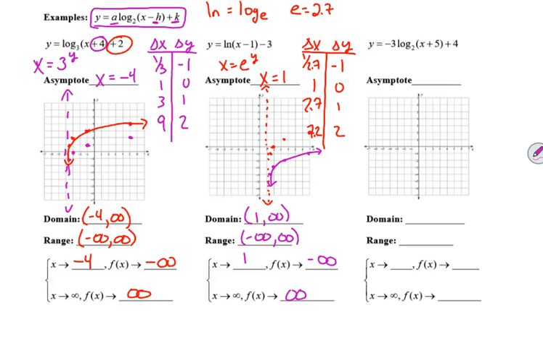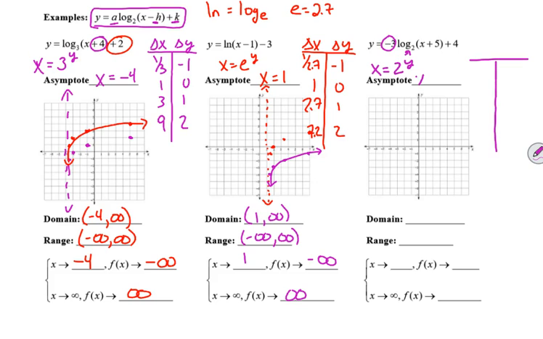Okay. So this last one here is probably the most difficult and the most complex of the ones we're going to do, because we have a multiplier. But let's not worry about that yet. We have a base 2. So if I rewrite this in exponential form, it's x equals 2 to the y.